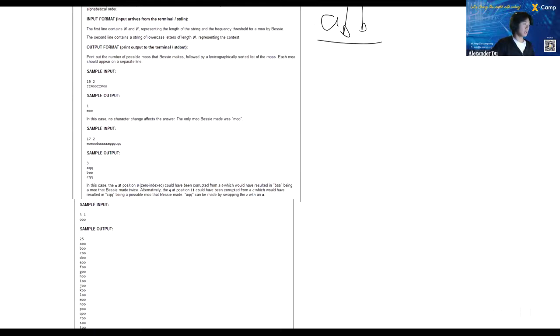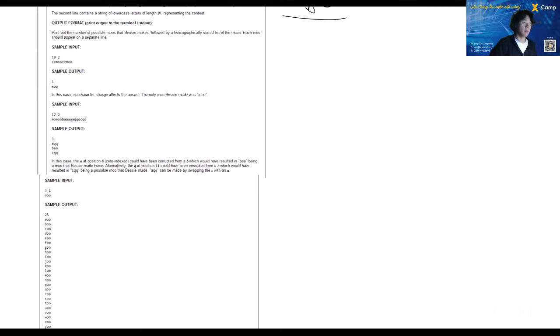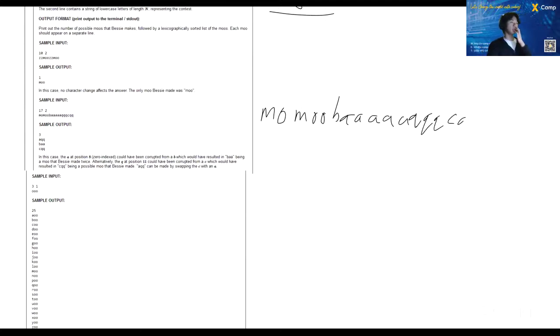In the second case, let's write it down: MOMOOBAA 2 3 and then QQQCQQ. And we need at least 2 occurrences. So originally, basically AQQ, we can turn this A into a Q, and we will get 2 AQQs here, right?